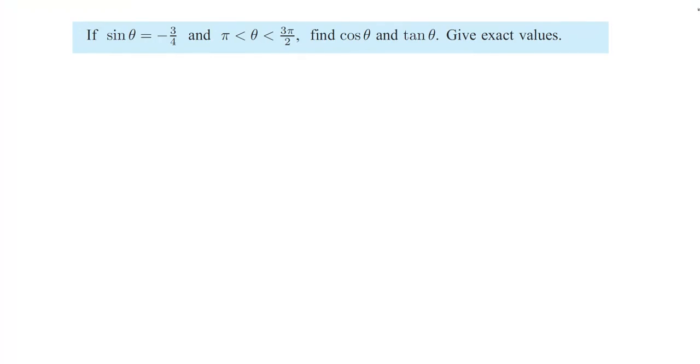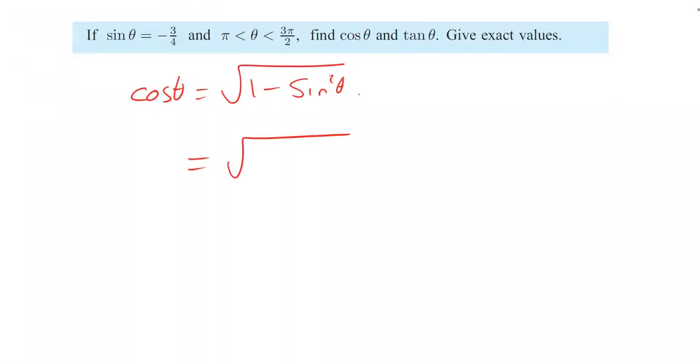Well, similar to last time to get started with anyway, we can rearrange the Pythagorean identity again. So we could say that cosine theta is equal to the square root of 1 minus sine squared theta, and then put in the sine theta value of minus 3/4 again. So let's try and do that. Let's save some time this time. Already I'm going to write the 1 as 16/16.